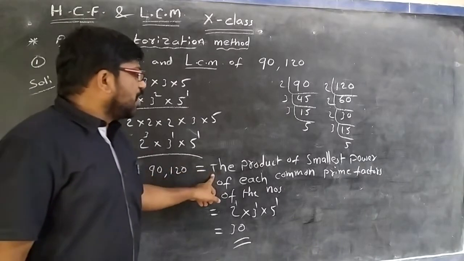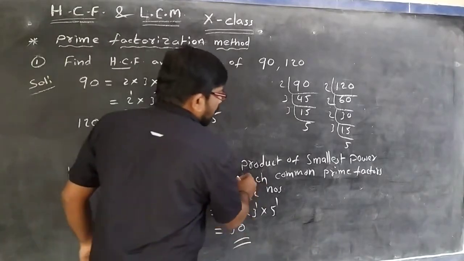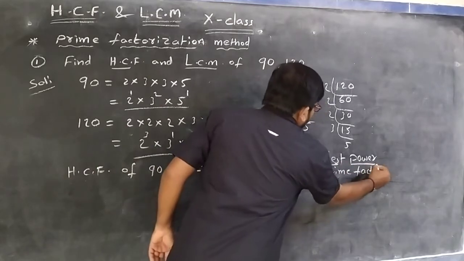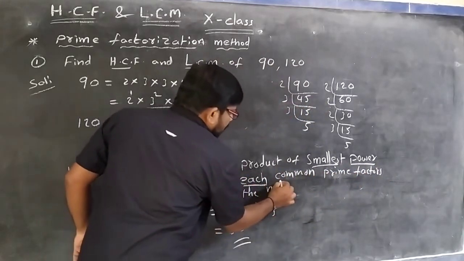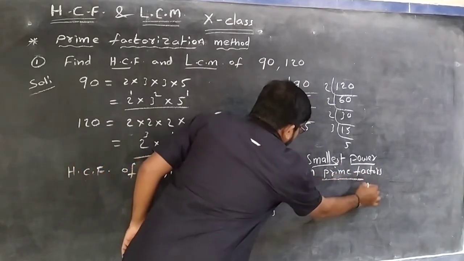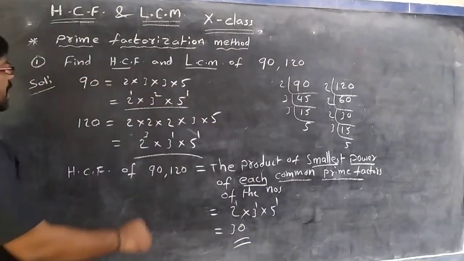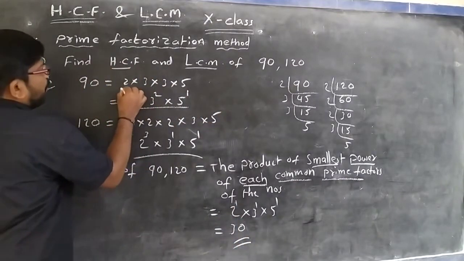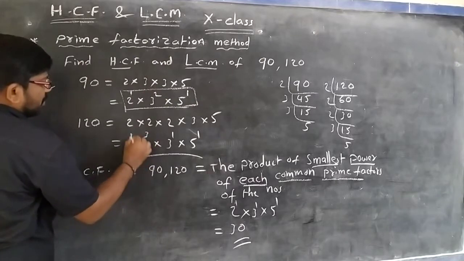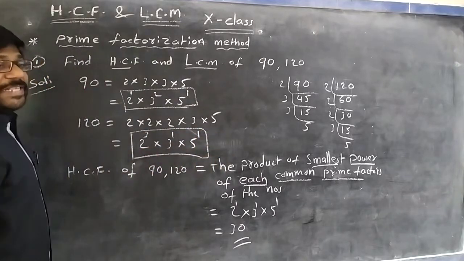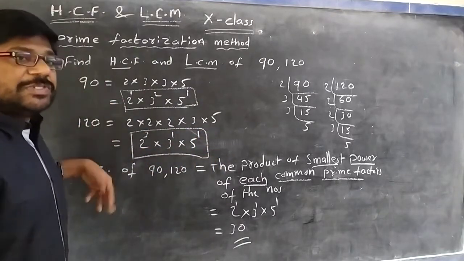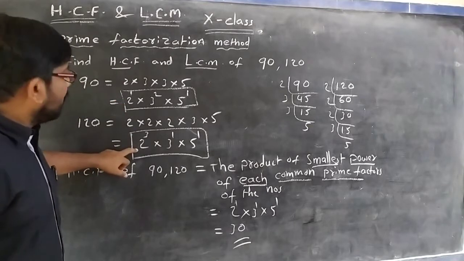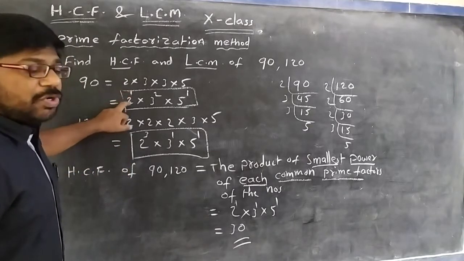HCF is the product of the smallest power of each common prime factor of the numbers. In this prime factorization, 2 is common, and the smallest power is 1, so 2 power 1.